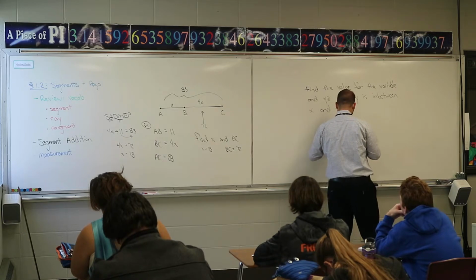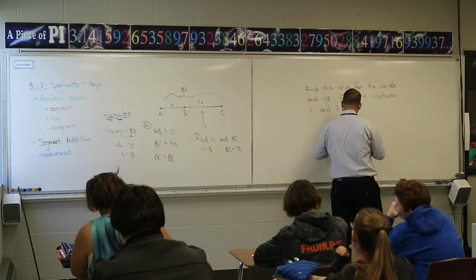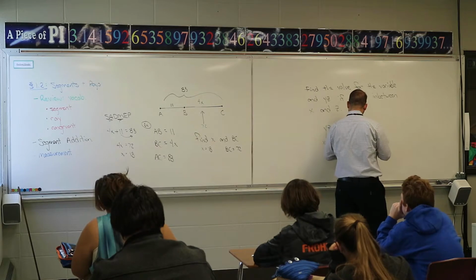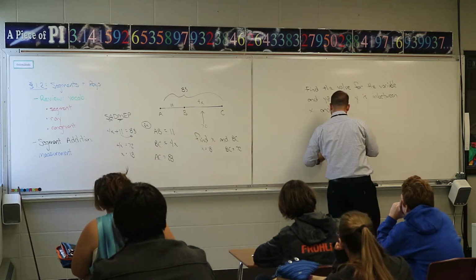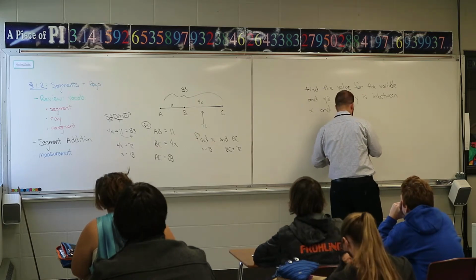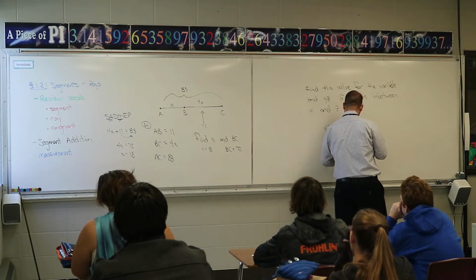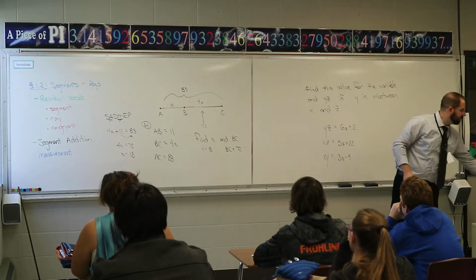XZ is a 5A plus 22. And then XY is a 3A minus 4. Throwing in the deep end real quick.